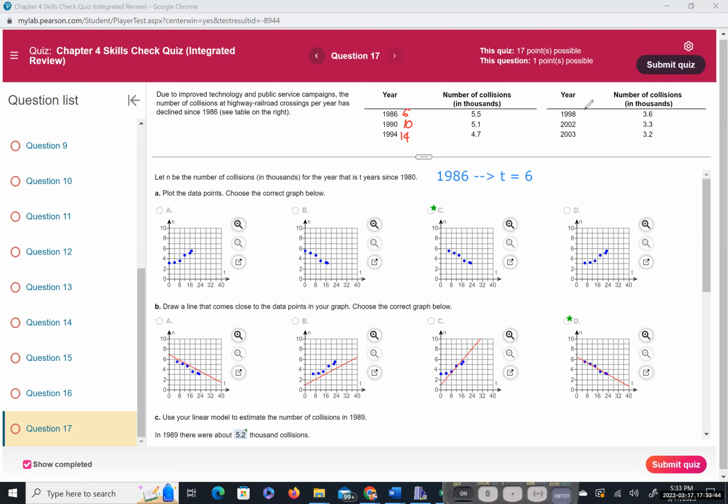Okay, so 1998 is going to be 18 after that, and then 2002 is going to be 22 years after that. 2003 is going to be 23 years after that. It's similar to the way to collect the price of the SPY stock market that I assigned you in the chapter 4 discussion, right? So you can check on that.